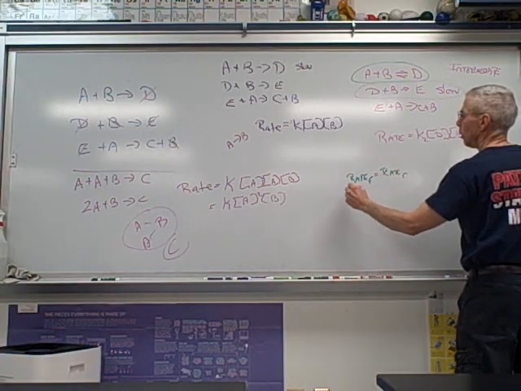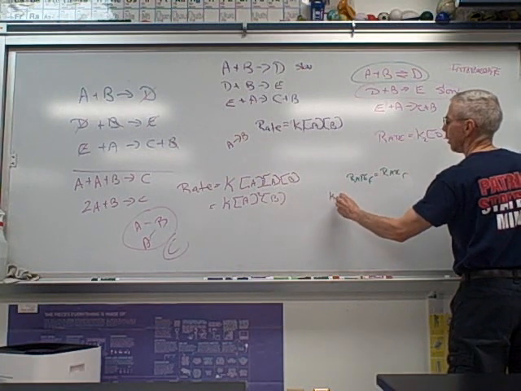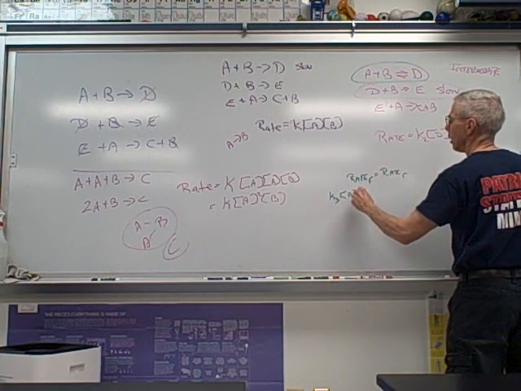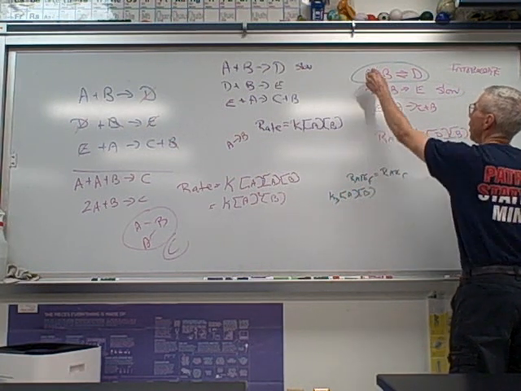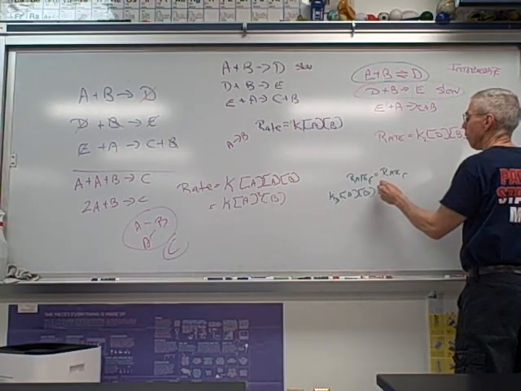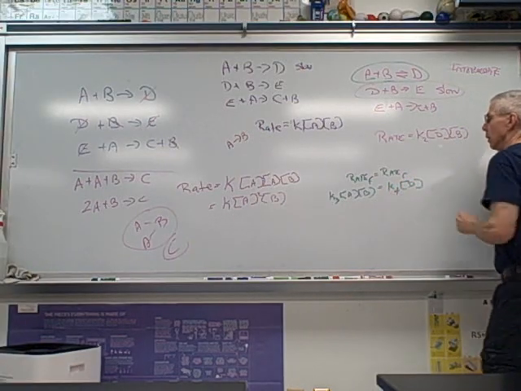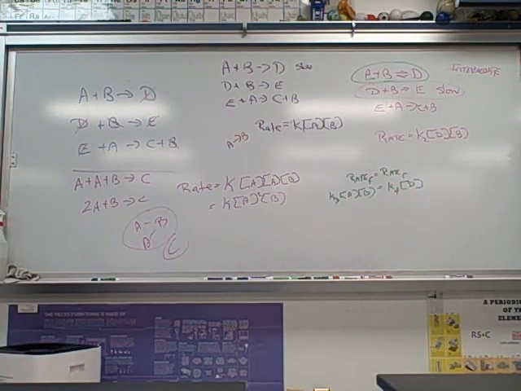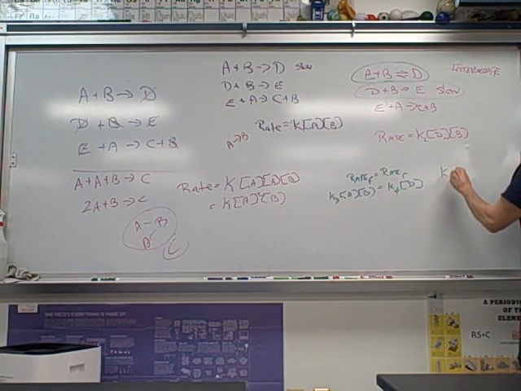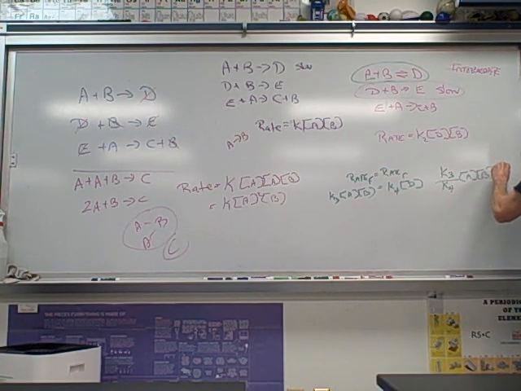So the rate forward would be some other constant, concentration A, concentration B. The rate reverse would be based solely on some other constant, concentration of D. If we solve that out, we get that k3 over k4, concentration A, concentration B, equals concentration of D.